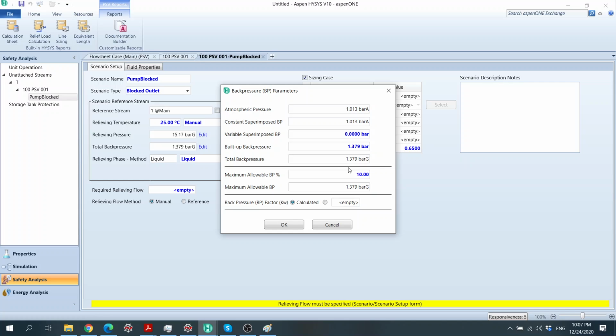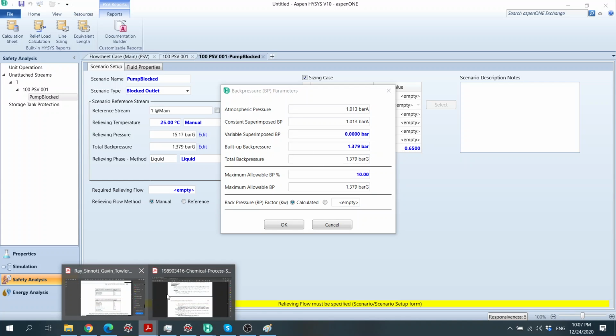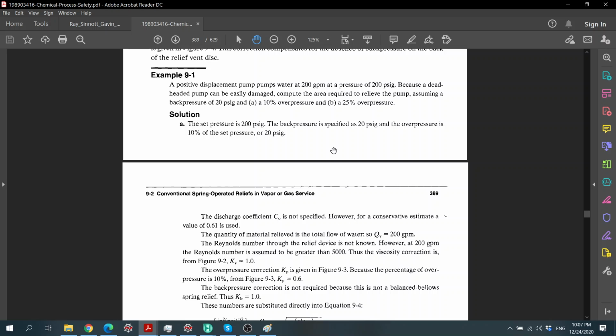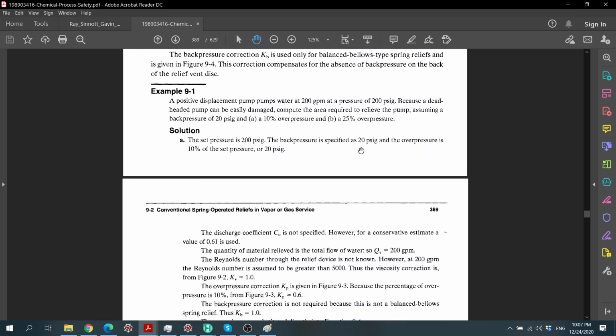So the back pressure, just follow this for a second. We know that we're going to have a smaller size.